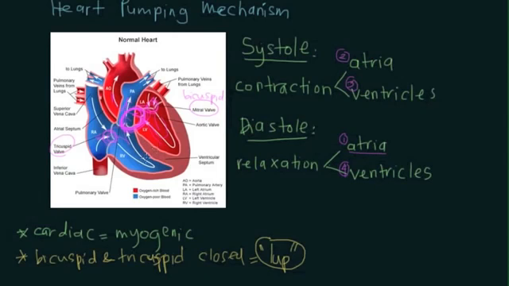The pressure will lower. Thus, blood can be drawn back into the ventricles, because the pressure is now low. So during the relaxation, or the diastole, of the ventricles, the blood can flow back into both ventricles.